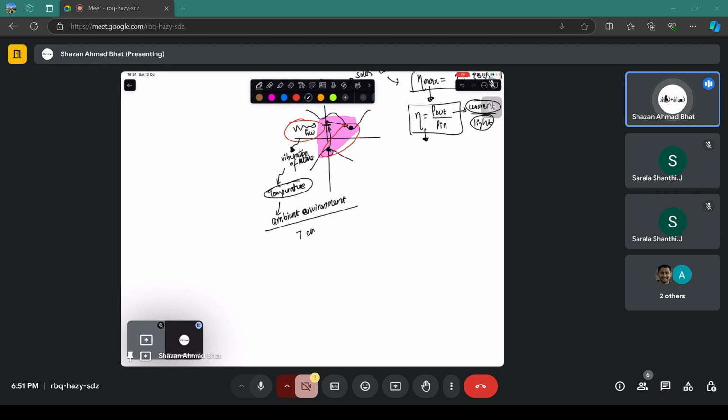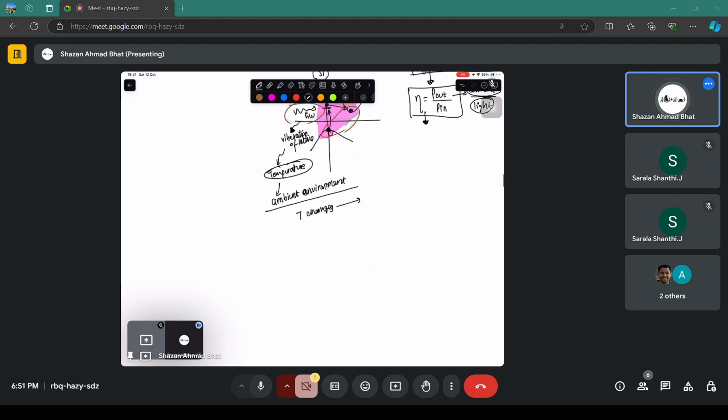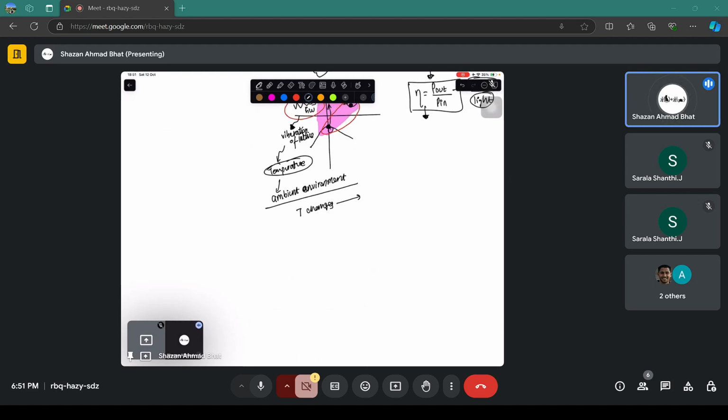So T keeps on changing. And what it does is that it creates variation in the charges as well as the currents flowing in the solar cell. So the variation inside the device, particularly happening because of the temperature change, also controls how efficient the solar cell is.